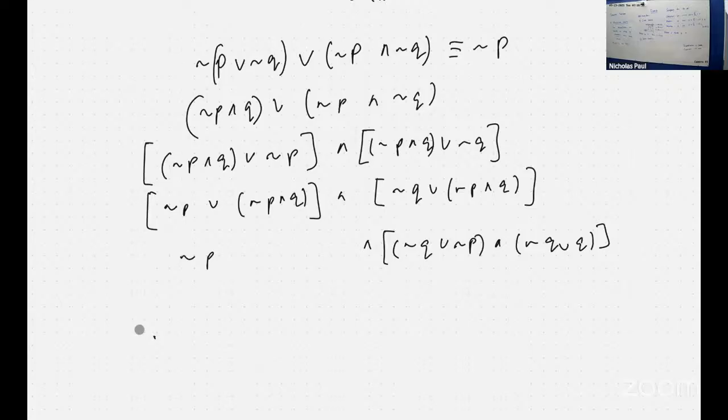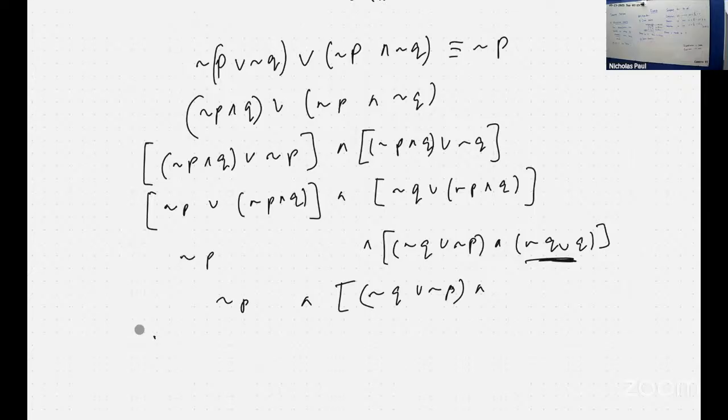On the next side, I have to expand it. And here, I'll get negation of Q or negation of P. And this here, negation of Q or Q, will always be true.